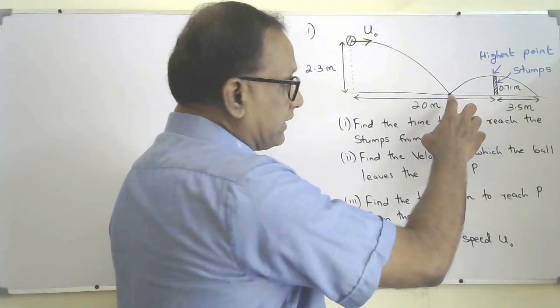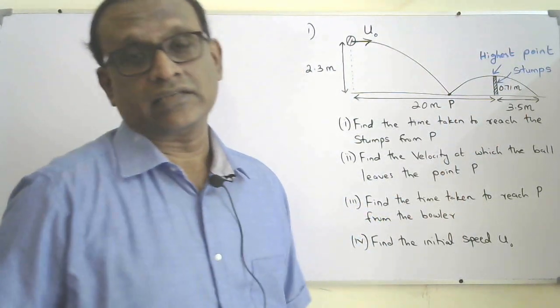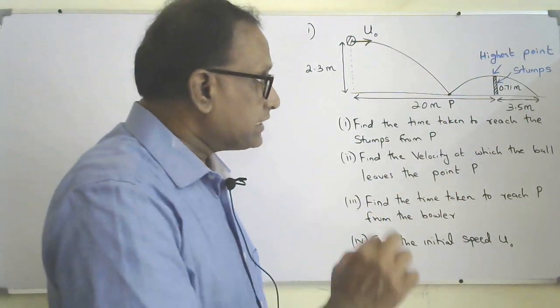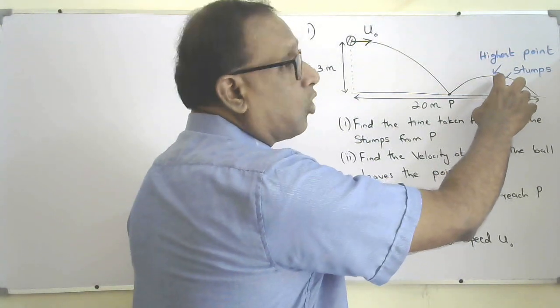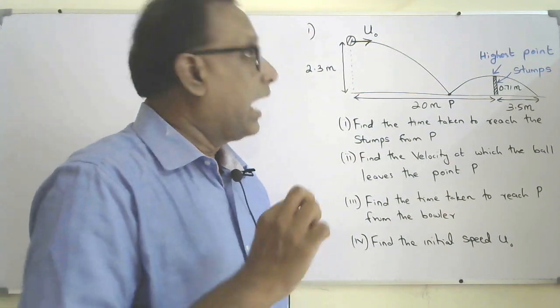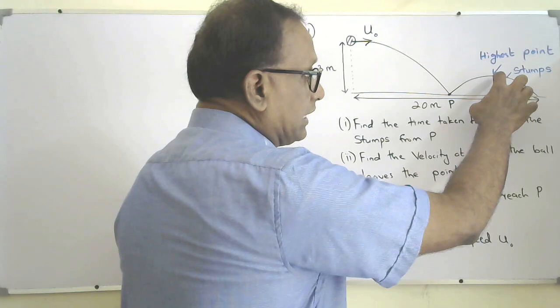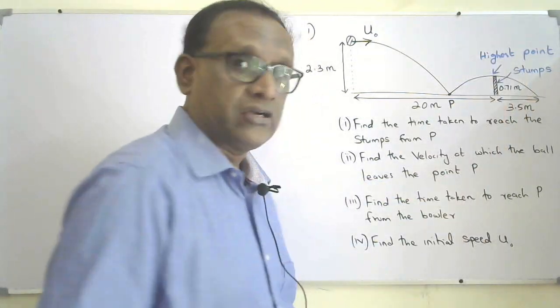They asked me to find the time taken to reach the stumps from P after hitting the ground. The question says it's passing over the stumps horizontally at its highest point, so the vertical component of the velocity here will be equal to 0.